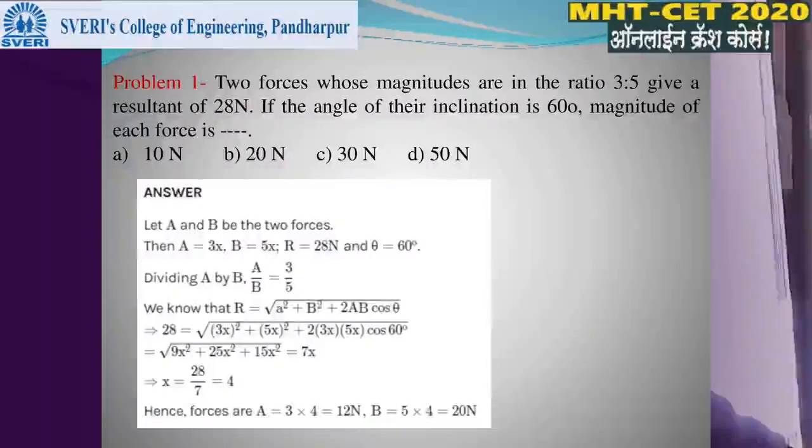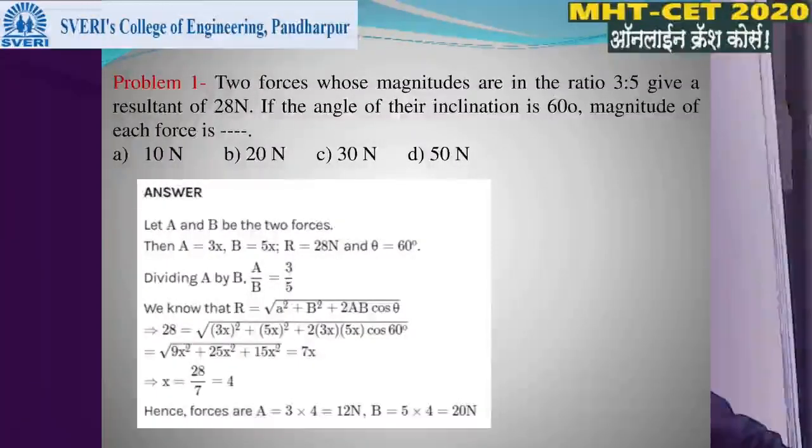If we go to the answer, then let's consider A and B to be the two forces. See here, two forces are mentioned, so we consider A and B as the two forces. As per the ratio 3:5, A is equal to 3x and B is equal to 5x, and your resultant force R is equal to 28 Newton, and as per the given angle, theta is equal to 60 degree.